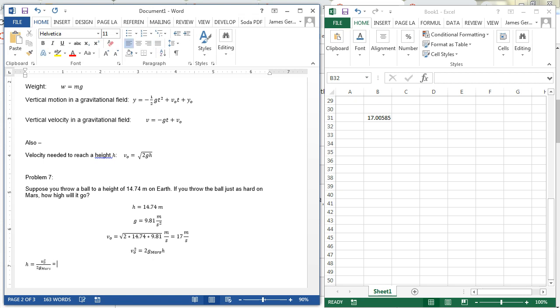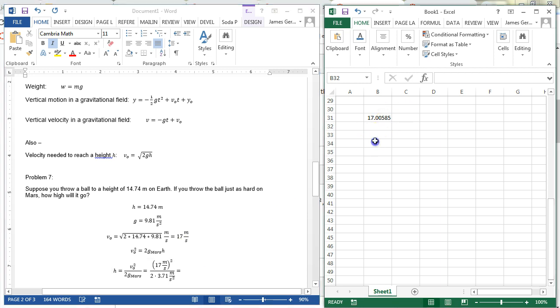So let's stick in the numbers. For v naught, we got 17 meters per second, squared, divided by 2 times 3.71 meters per second squared. And the units in the end are going to come out to be meters because we have meters squared over seconds squared divided by meters per second squared.